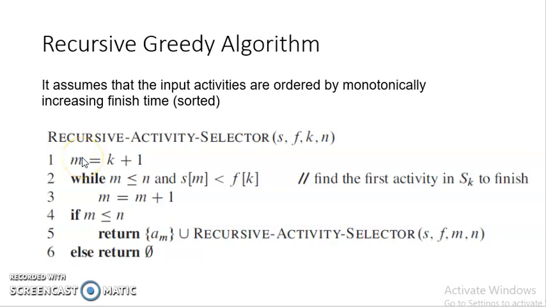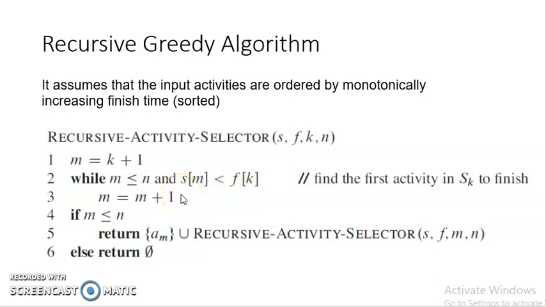Then you declare this new variable m. It is k plus 1, so it is pointing to the next activity. Now as you have already scheduled the first activity, you're going to find the next activity to schedule by checking the compatibility constraint. So you're going to use these two conditions to find the next activity.